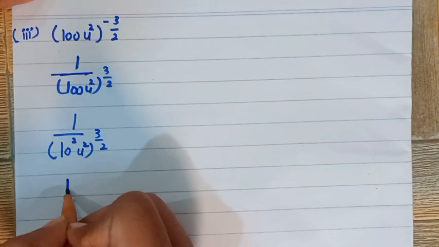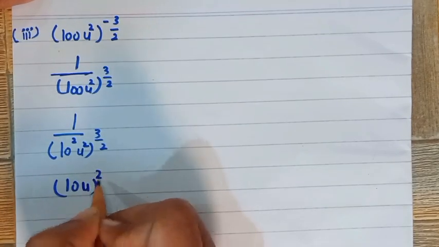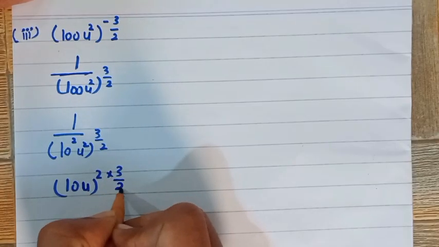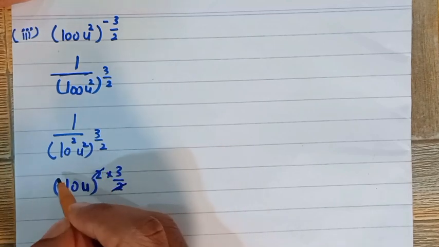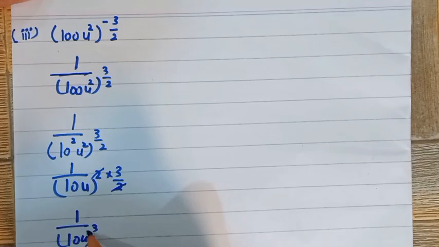For example, 10 u, bracket square, meaning this square is on both, multiplied by 3 over 2. So 2 will be cut with 2. What will remain? 1 over 10 u, power will be cube.